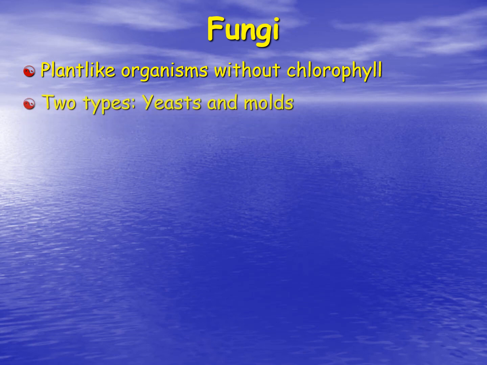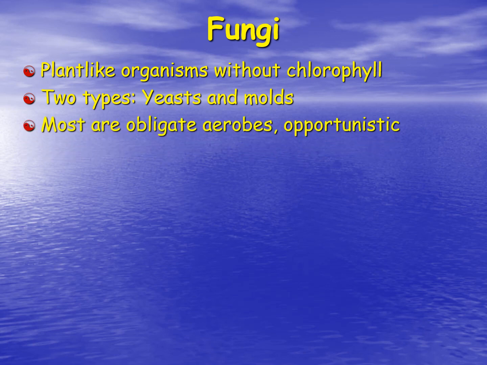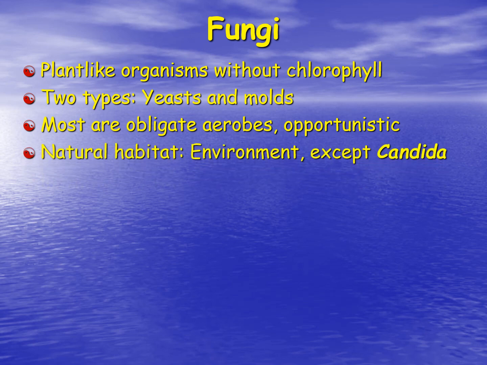There are two forms of fungi: yeasts, which are the single-celled fungi, and molds, which are the multicellular fungi. Most are obligate aerobes, and they typically tend to be opportunistic organisms. The natural habitat typically is in the environment, except for the Candida species, which do tend to only grow in or on living tissue.